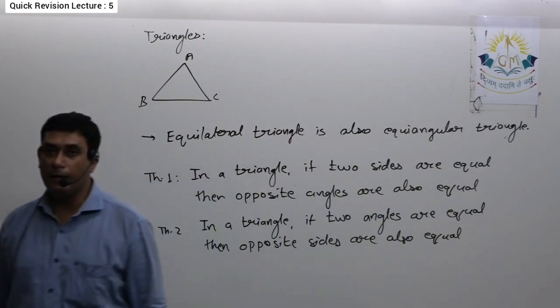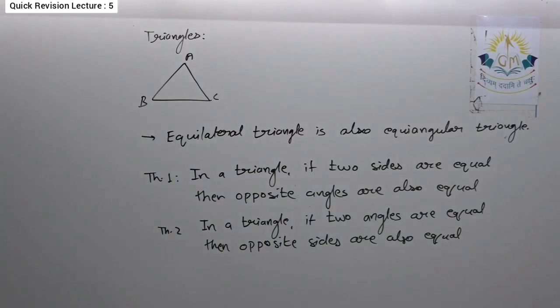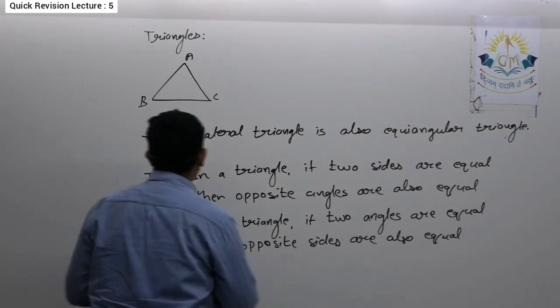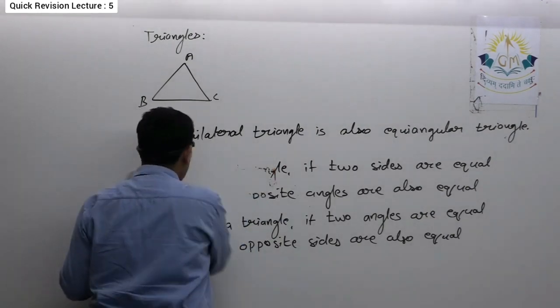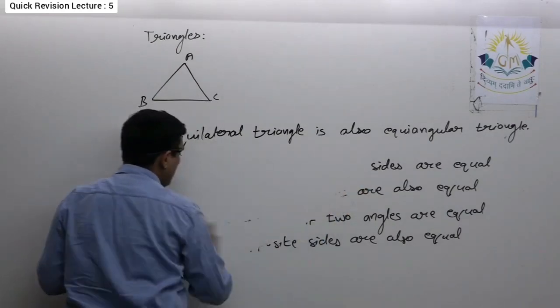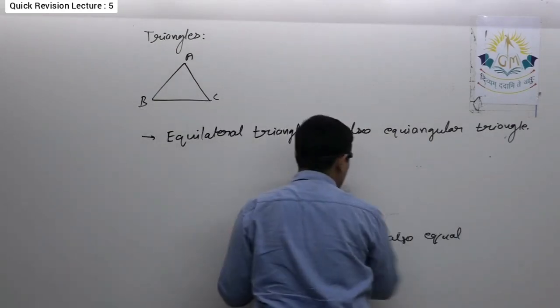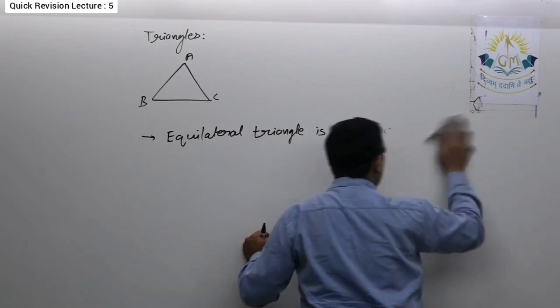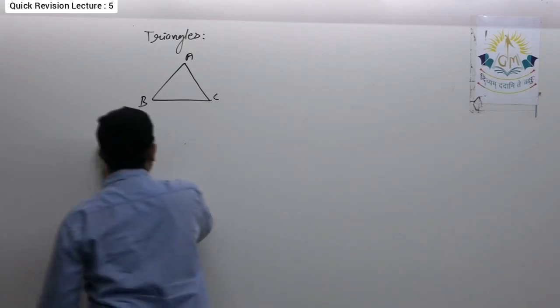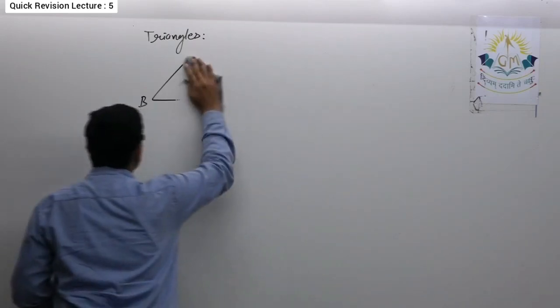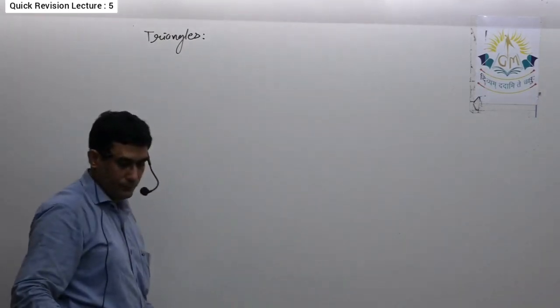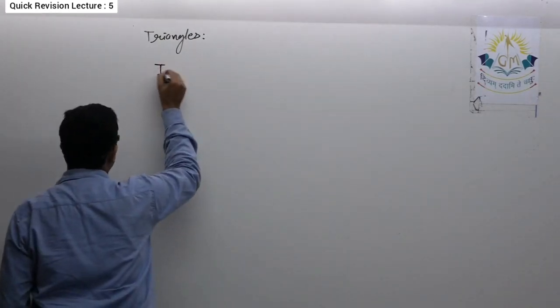So in a triangle, if two sides are equal, opposite angles are equal, and if two angles are equal, then opposite sides are also equal. These are the two theorems. Now we'll see some of the terminology related to the points. Then we come to the congruency criteria. So next is important points.